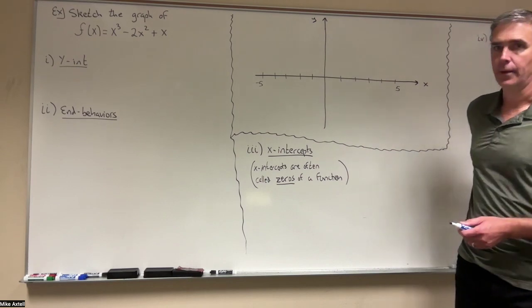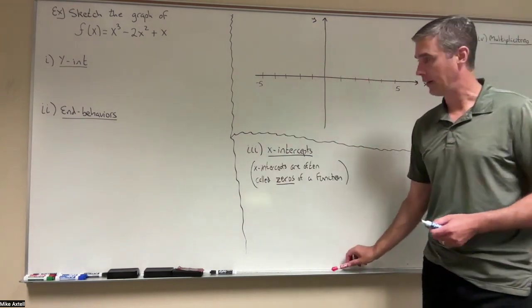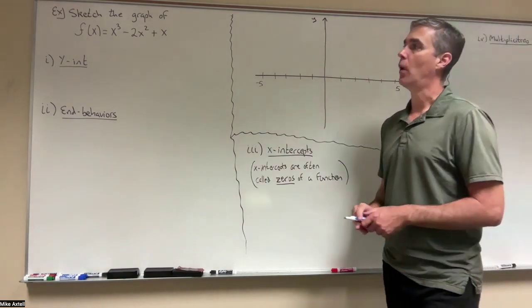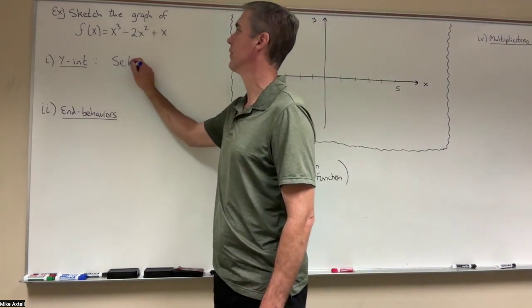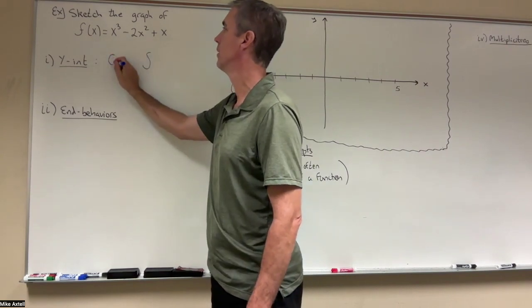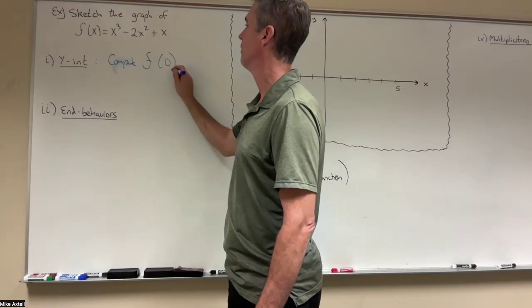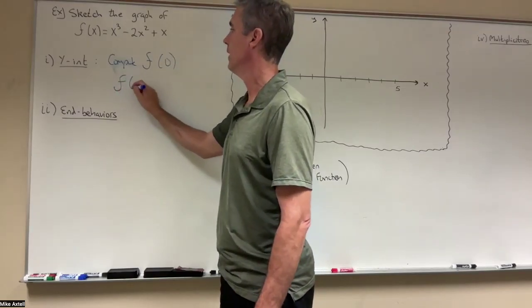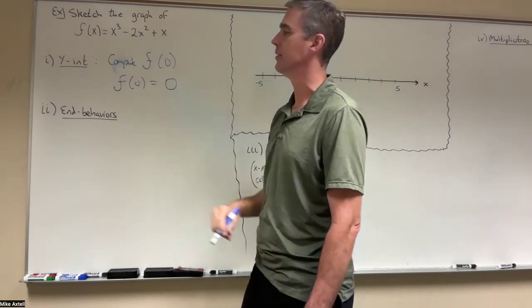All right, and I'm going to do my graph in red. As I get information, I'm going to put it on the graph. First step, the y-intercept. This is a great warm-up since it's fun and easy. So I'm going to compute f of 0. And if I plug 0 in for x, I see that I just get a 0 coming out.